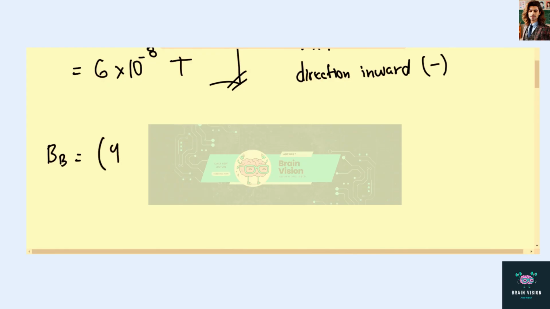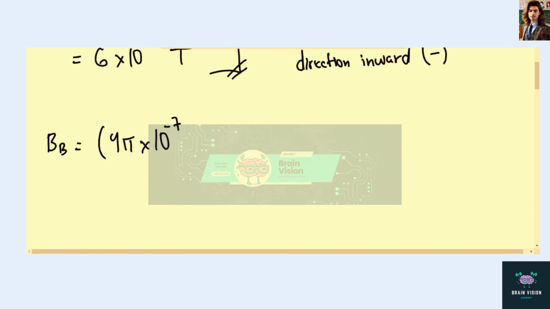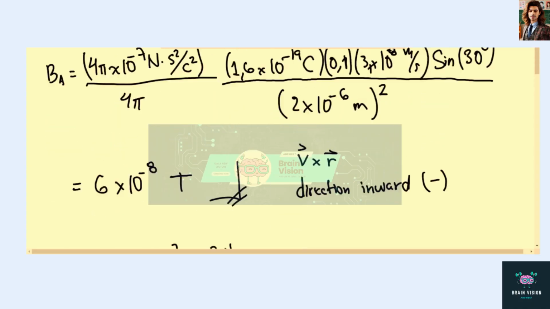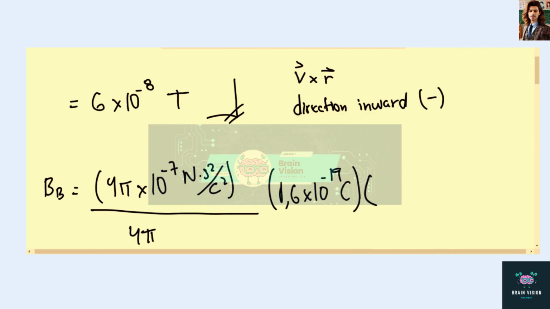So we have the permeability of free space over 4 pi. Everything else is just the same as before. The speed of the electron is the same.